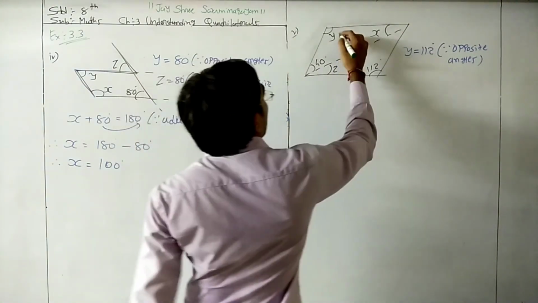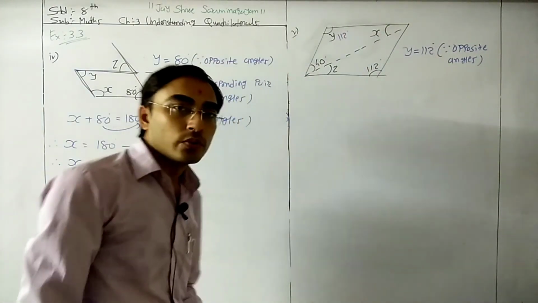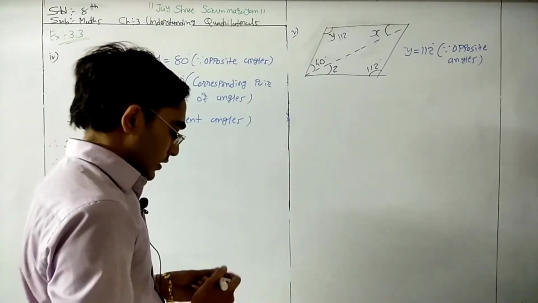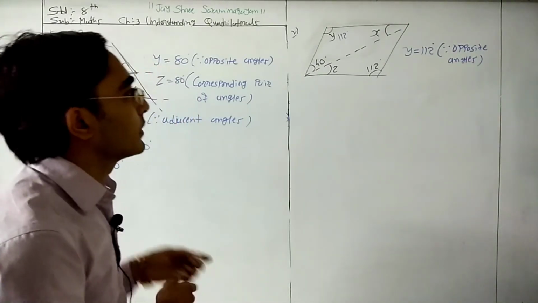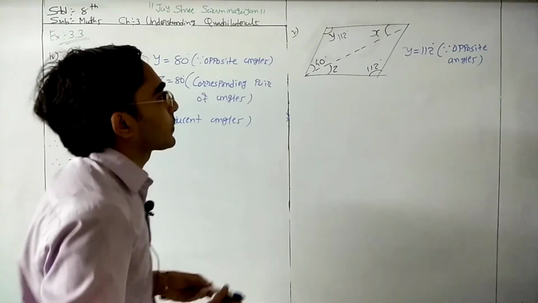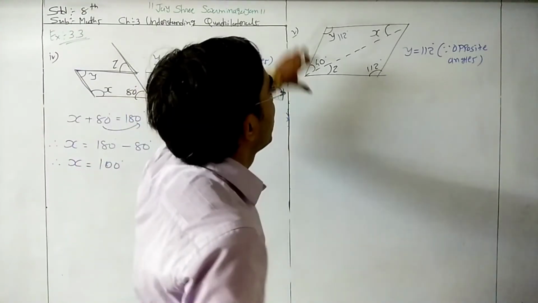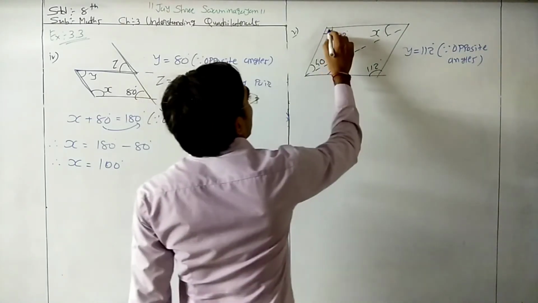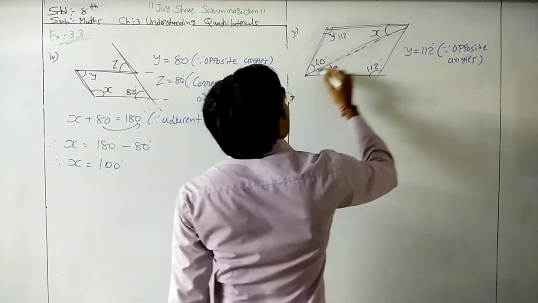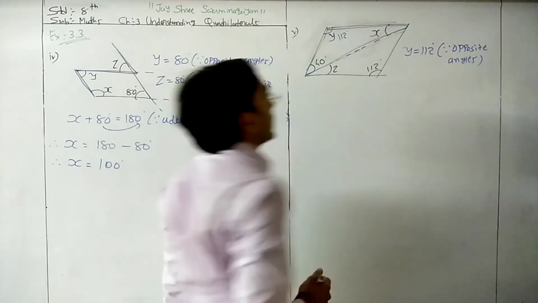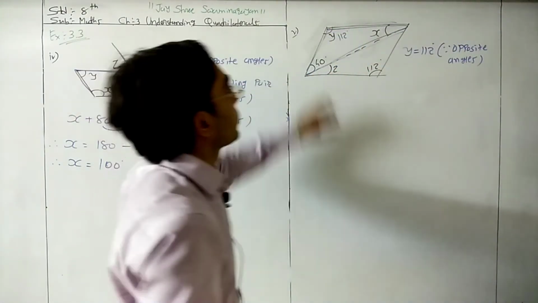Okay, so y is equal to 112. Okay, now we need to find the value of x and z. Okay, now if we look at this triangle, okay, so in this triangle we know the two value.